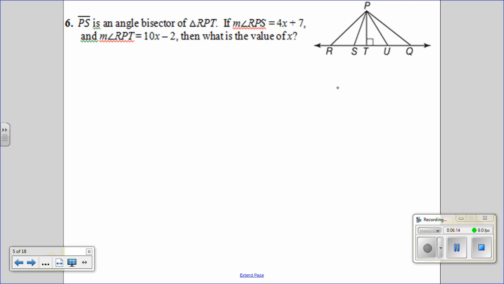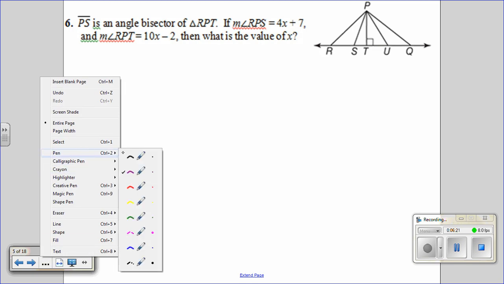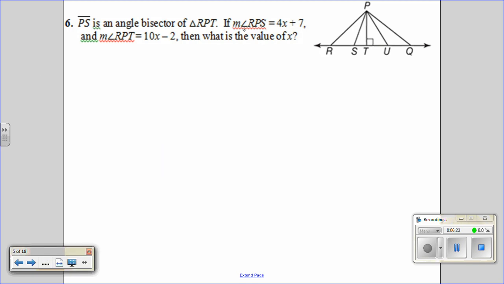PS, it's the same picture, but it's a different segment now. Let me use a different color. PS is here. It's an angle bisector of RPT.